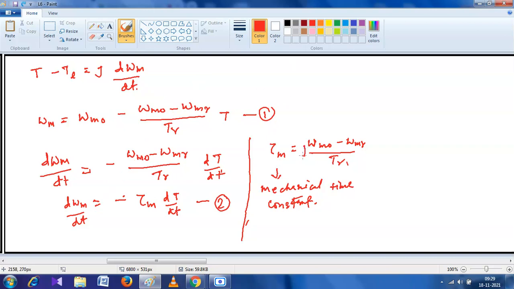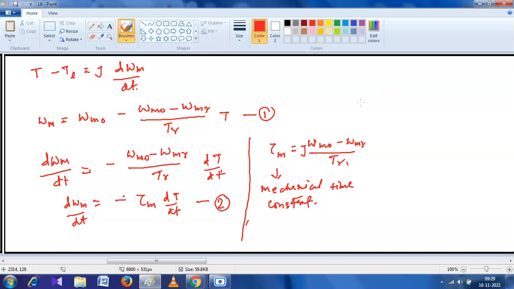There should be a term J. The mechanical time constant value should be J into omega m0 minus omega mr by tr.